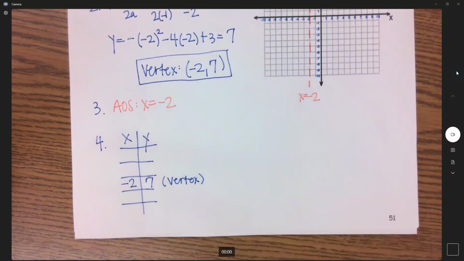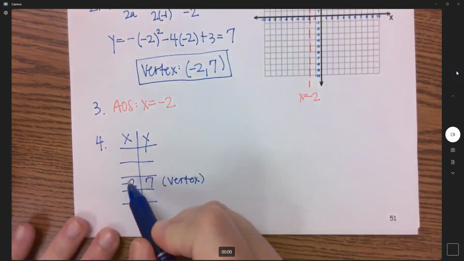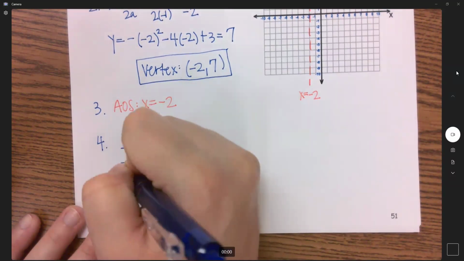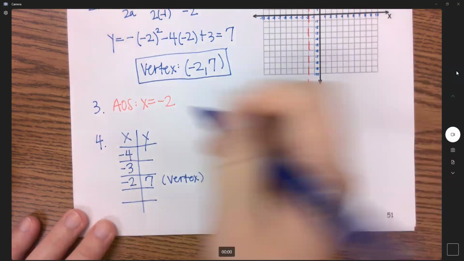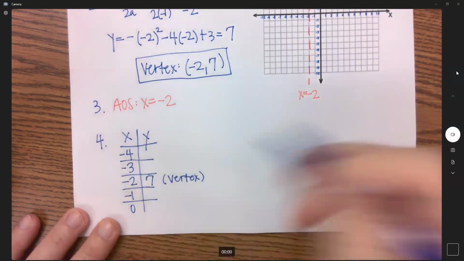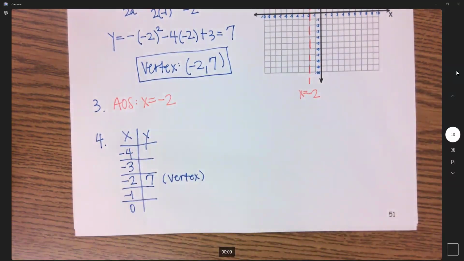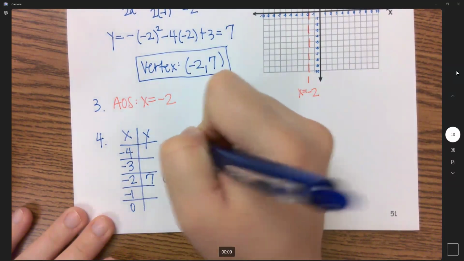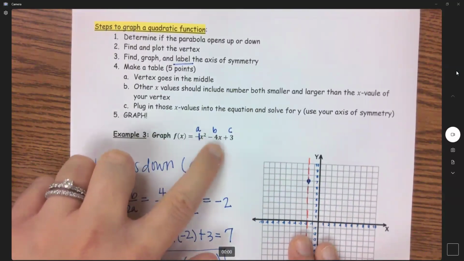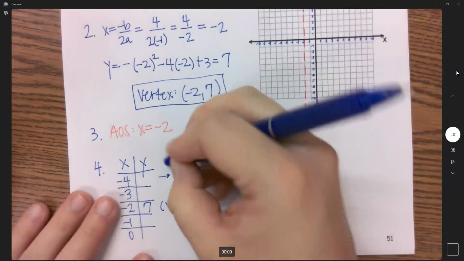So it doesn't matter how big or how small, but I always go 2 up and 2 down. So 2 up might be -3 and -4, 2 down, -1, 0. And now plug these all in. So to get this coordinate here, we would now plug in a -4 for both of these x's.